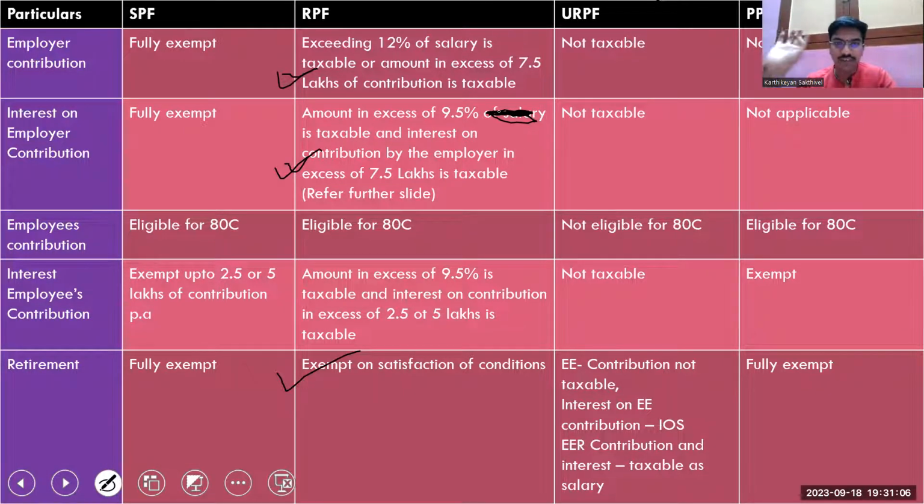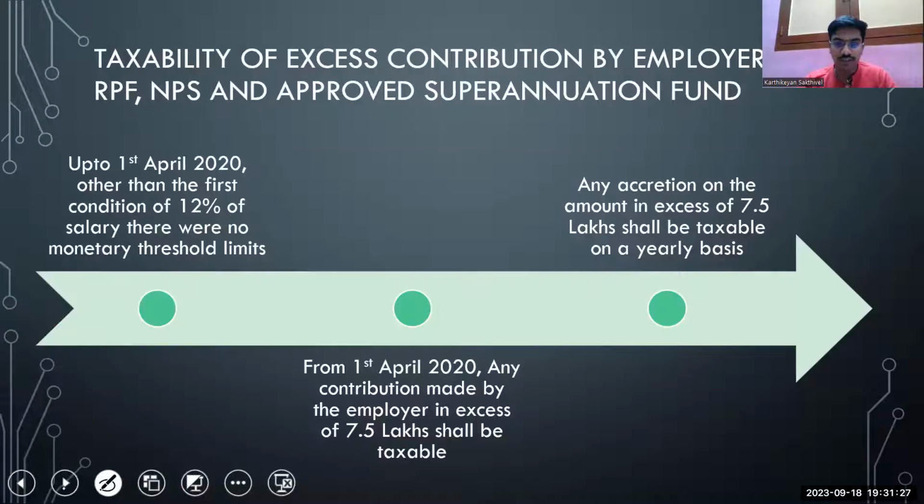In excess of 9.5% it is taxable. அப்படி இல்லனா 7.5 lakhs க்கு மேல கான்ட்ரிபியூஷன் போச்சுல்ல? அந்த 7.5 lakhs க்கு மேல போன கான்ட்ரிபியூஷனோட இன்ட்ரெஸ்ட் மட்டும் taxable. Okay, sir. Clear? Others? Does someone have doubts or should we continue? Roja and Nandya? Continue, sir. Okay.